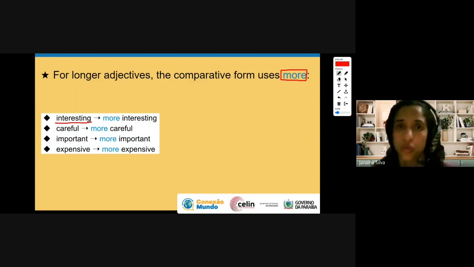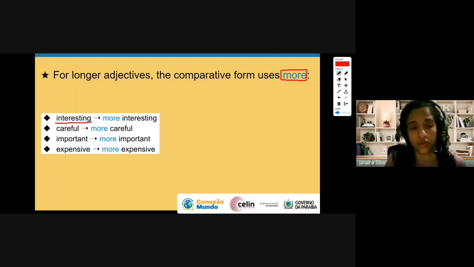It is long, students. For example, interesting has 3 syllables. So the way I'm going to compare is using the word more interesting. I have more careful, more important, more expensive.